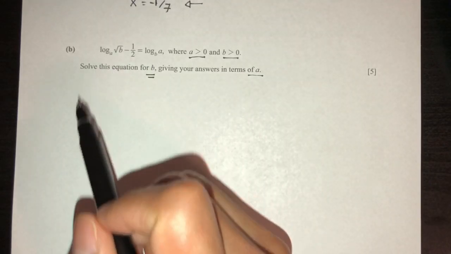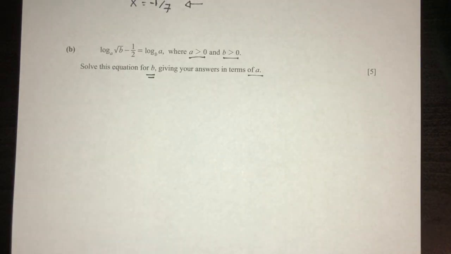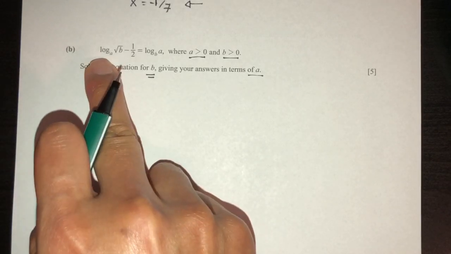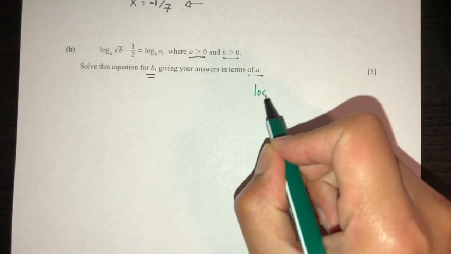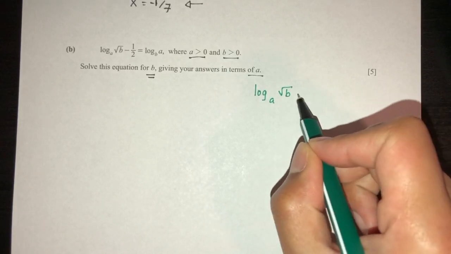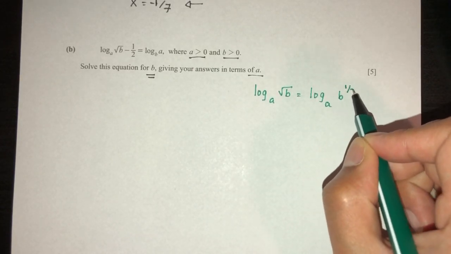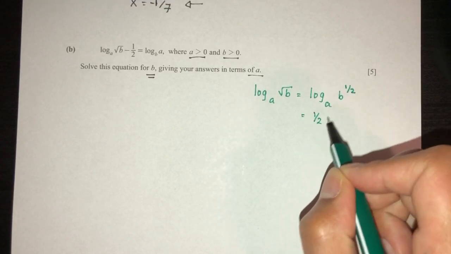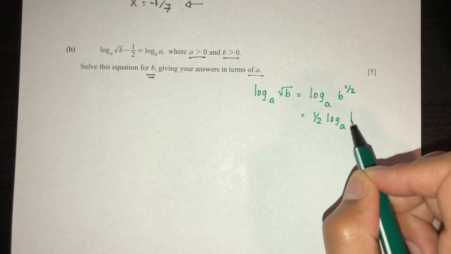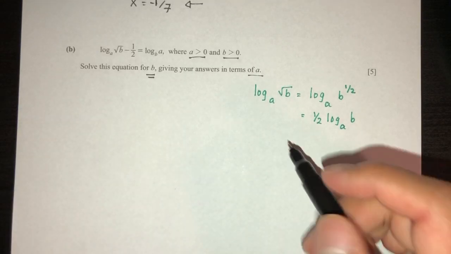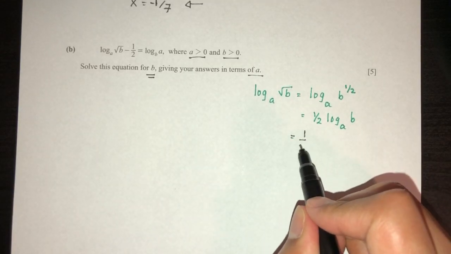So let's see how can we do this. So we have different bases. First we have to convert both to the same base. Let's convert this one to the base of B. So log A root of B is equal to log A B half, which is equal to half of log AB. Now if you want to change base, let's put half outside.